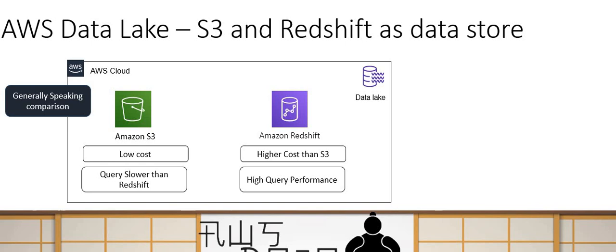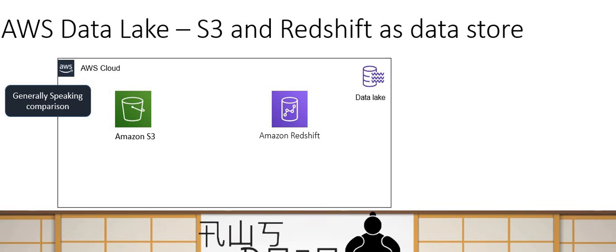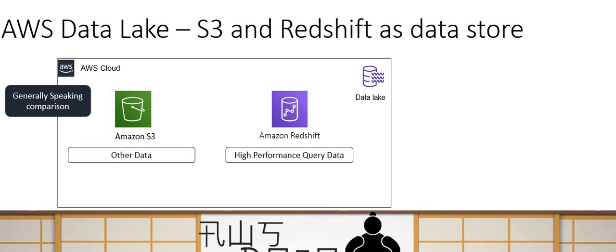Now let's see a few things from the use cases point of view. One use case is pretty simple. If the customer says, I want high performance query data, I'm going for a self-service scenario where I want to query terabytes of data to get my result right away in a high performant way, then of course Redshift is a better choice over S3.